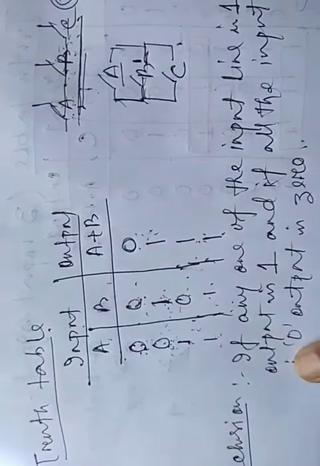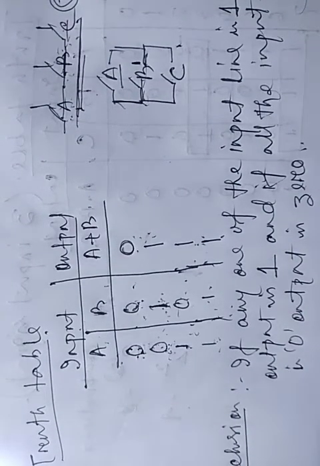When all the inputs are 0, output is 0. If any one input line is 1, output is 1. So here I am not doing the truth table of 3 input signals. I have shown the truth table of 3 input signals in AND operation. Now you all do it by yourself.